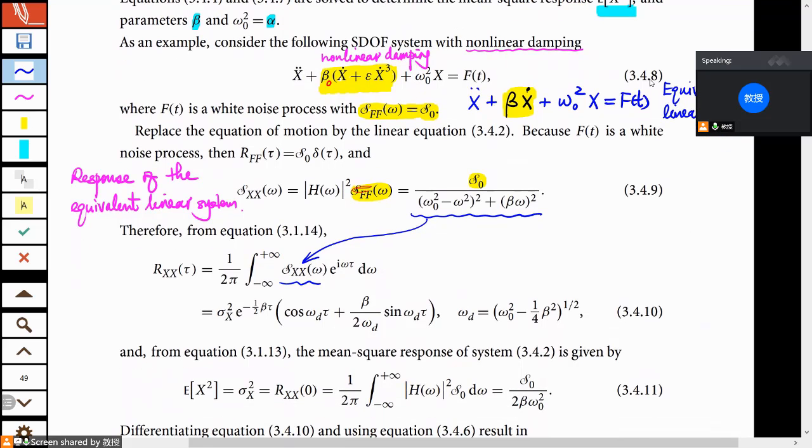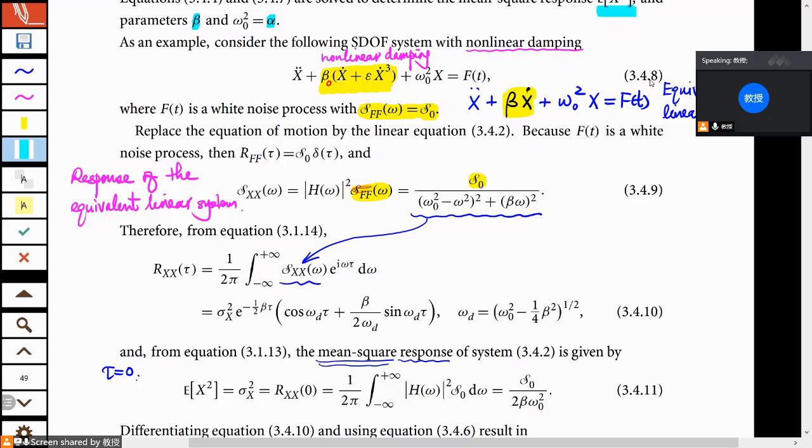Now if we set tau equal to 0, we get the mean square response. That's Rxx at 0, we get the mean square response.